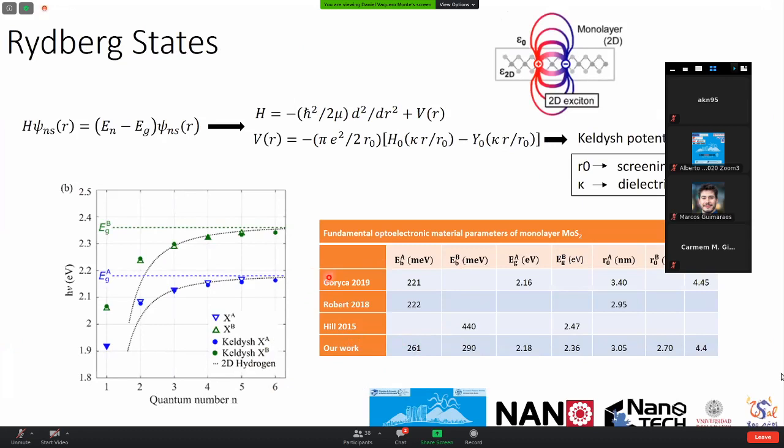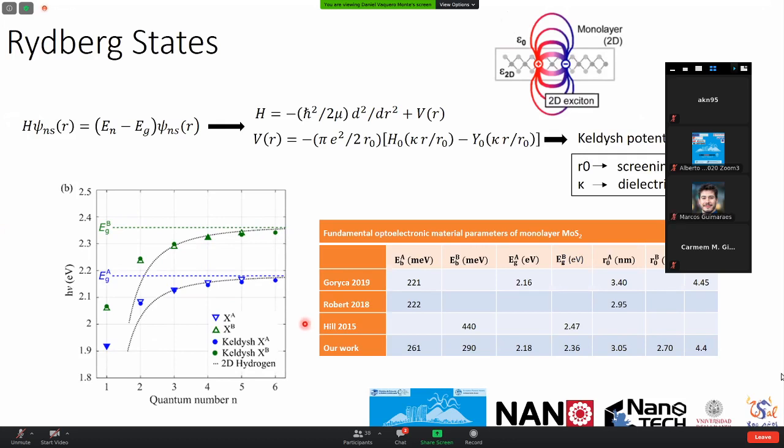For the group of Xavier Marie and Bernhard Urbaszek in Toulouse, we have more or less the same results. In this work they use magnetophotoluminescence, and in this work they use only photoluminescence. But this progression of the Rydberg states was also measured. It is the same figure as the one on the top right there for monolayer TMDs, which was done by Tony, I think, some time ago.